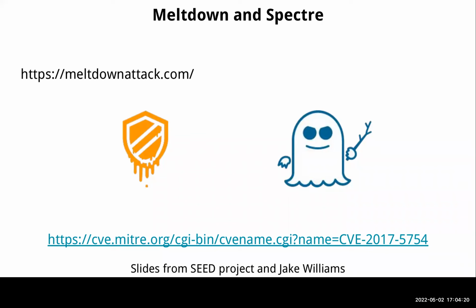Basically, all the CPUs we have been using for 15 years are vulnerable, and no one knew that. Several groups, I think 2 or 3, one from Google and others independent researchers, discovered those vulnerabilities independently. Then they published the papers together.